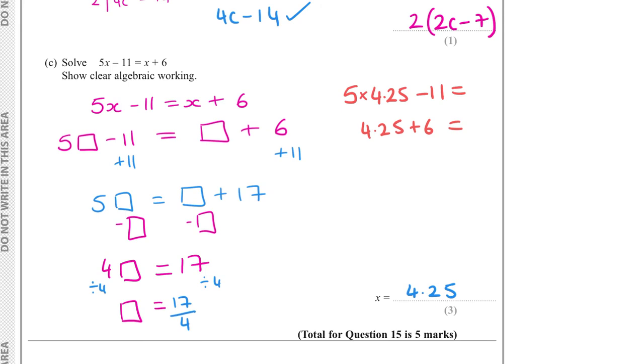I've definitely gone wrong. Wait there. Yeah, I typed in the wrong thing into my calculator. Sorry, I get 41 over 4, which is 10.25. 4.25 plus 6 is 10.25. Do they equal the same thing? Yes, I know my x is correct.